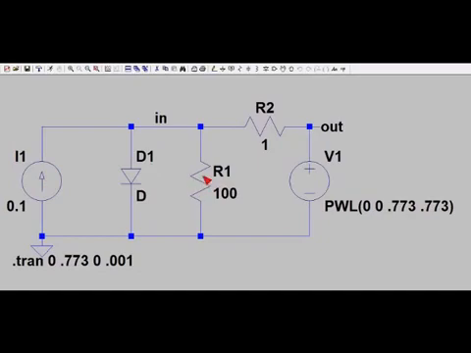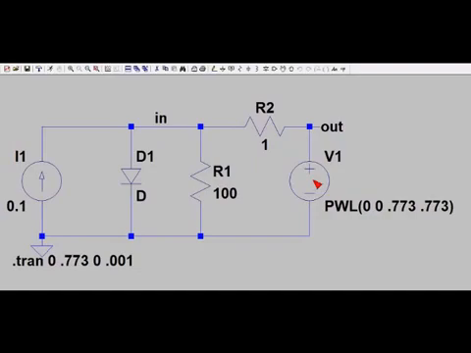Resistor R1 models the shunt resistance across the diode, and resistor R2 models the series resistance of the solar cell. This voltage source V1 is used to measure the current versus voltage characteristic of the solar cell.